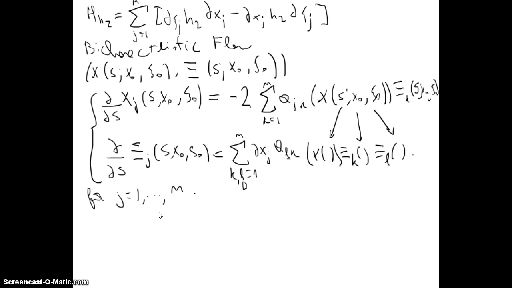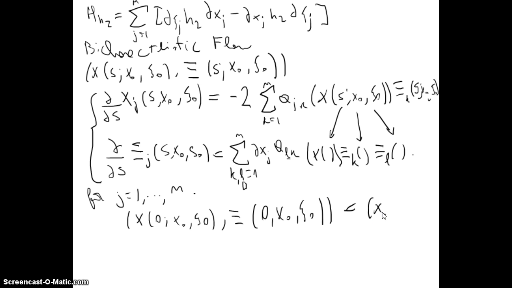Okay, and we will have as initial condition that (X(0, x naught, xi naught), capital Psi(0, x naught, xi naught)) will be equal to (x naught, xi naught).